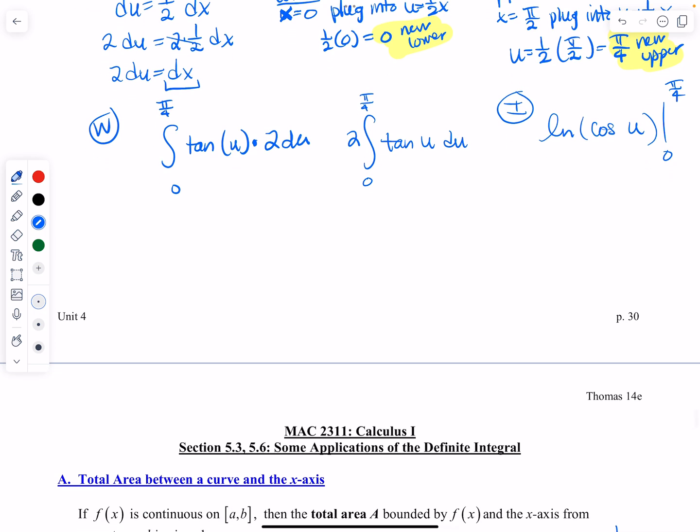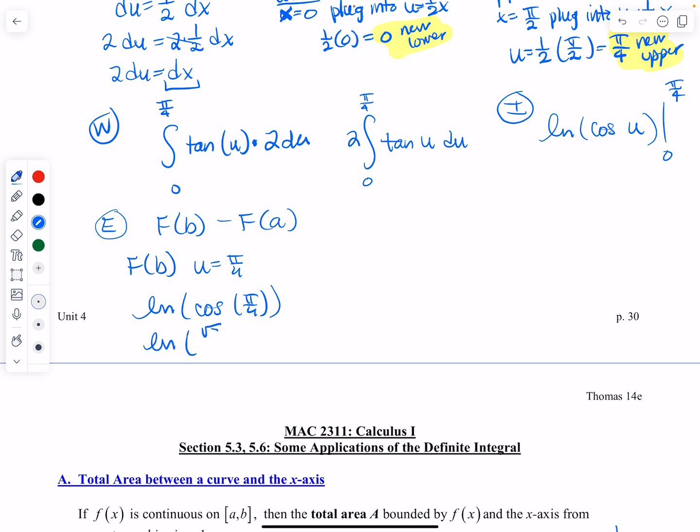Now we're going to evaluate f at b minus f at a. So f at b, I'm plugging in u equals pi over 4. So ln of cosine at pi over 4, that equals ln of radical 2 over 2. And then f at a, u, remember, equals 0. So ln of cosine at 0, so this is ln of 1, which equals e.